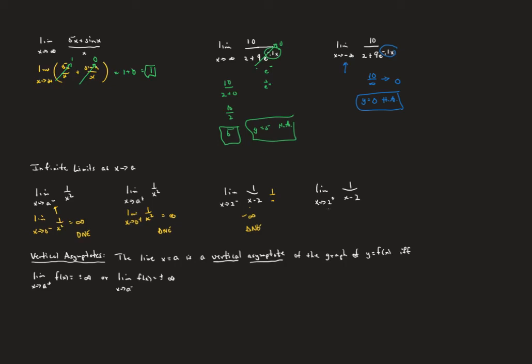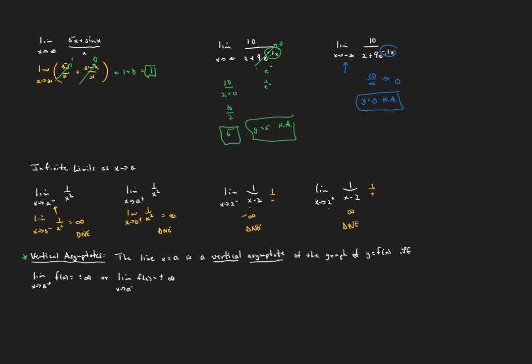And approaching 2 from the right, like 2.1, 2.001, then this is going to be 1 over a very small positive, so that's going to go to positive infinity or does not exist. So we get here our definition of what we mean by a vertical asymptote.